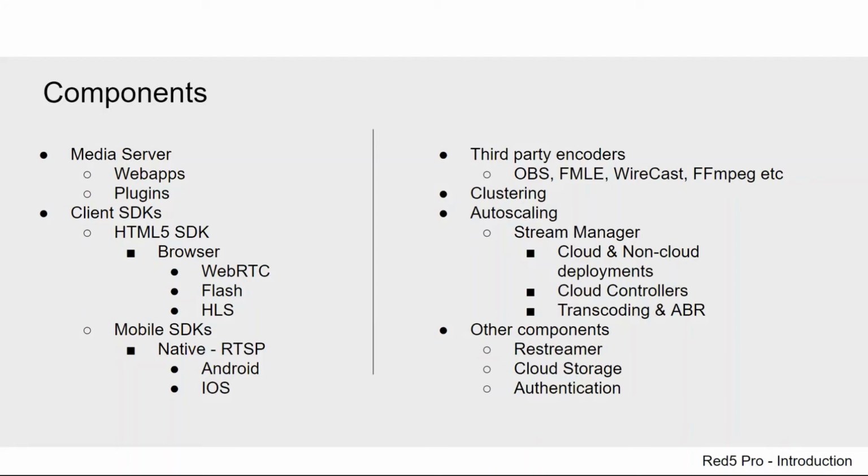Another remarkable feature of Red5 Pro that comes under auto scaling is called transcoding. Transcoding is achieved through another kind of instance, which is also a Red5 Pro instance.